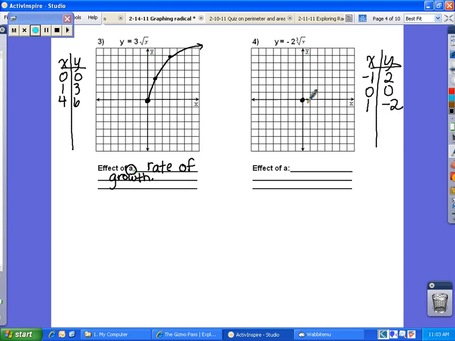So 0, 0, negative 1, 2, and 1, negative 2. And remember that the graph looks something like this on either side. So again, the effect of A affects the rate of increase and decrease. And the negative also flips the graph.